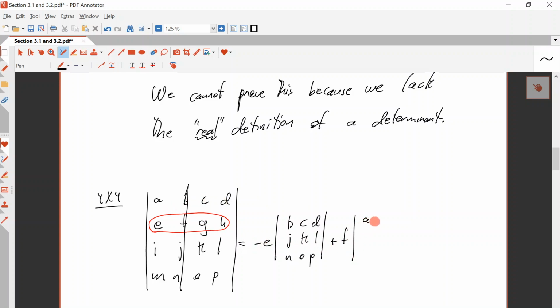A, C, D, I, K, L, M, O, P. Minus G times the 3 by 3 A, B, D, I, J, L, M, N, P.